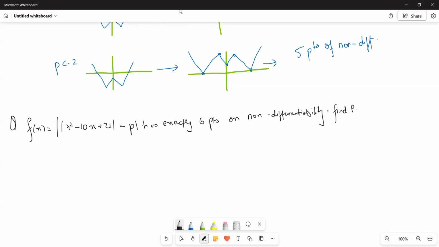Answer, anyone? 0 to 4. So x square minus 10x plus 21 would be an upward opening parabola with roots at 3 and 7.